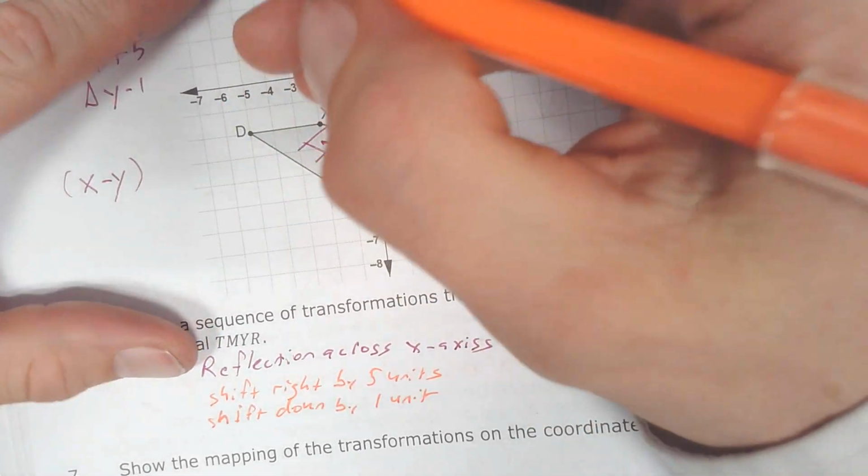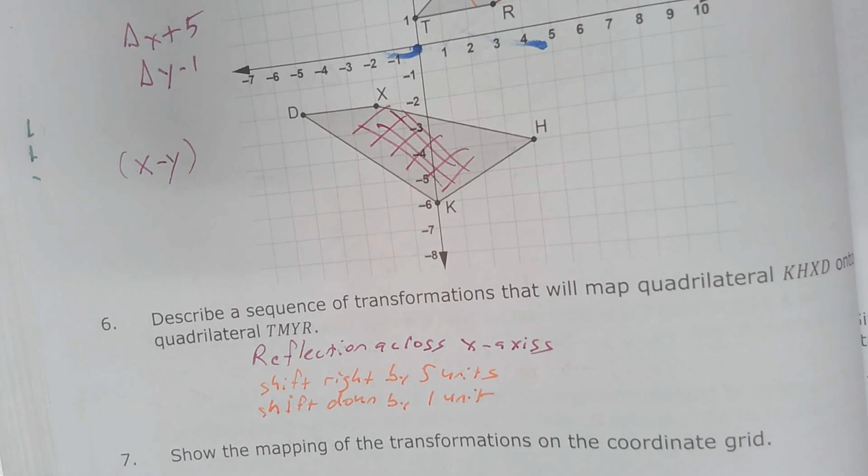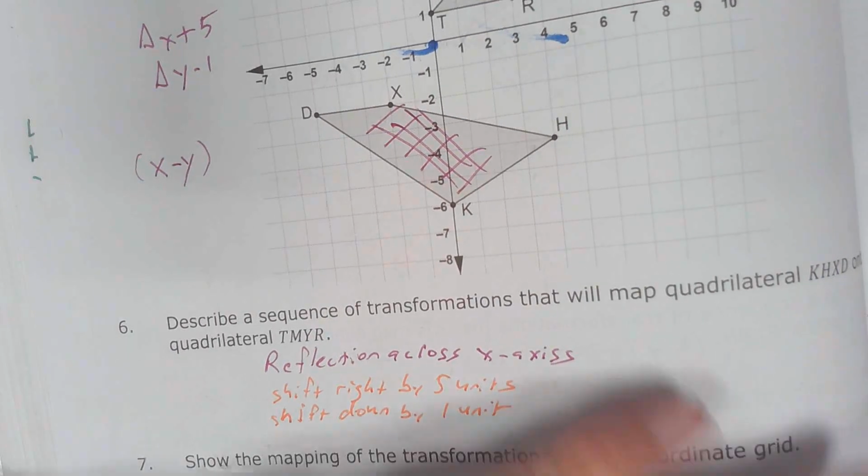Show mapping of the transformations on the coordinate plane. Okay, so I'll make the mapping from my first one to here.